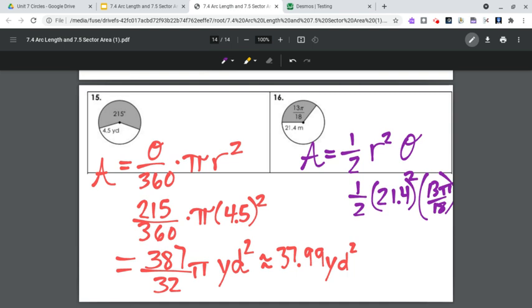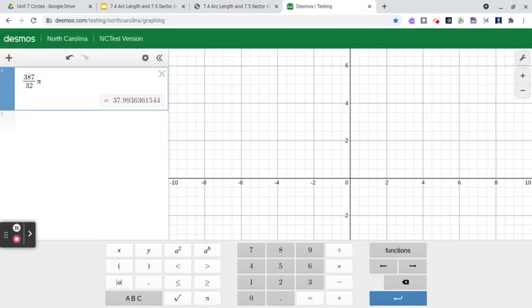To compute just in terms of pi, I'm going to plug in 1/2 times 21.4 squared times 13/18. I'm not going to use pi in my first calculation. 1/2 times 21.4 squared times 13/18.